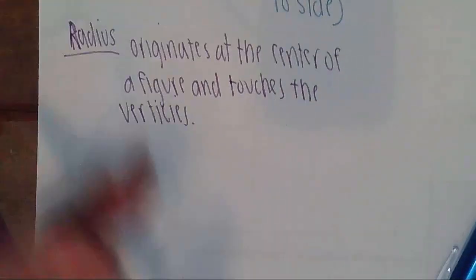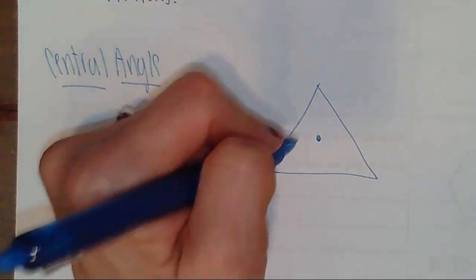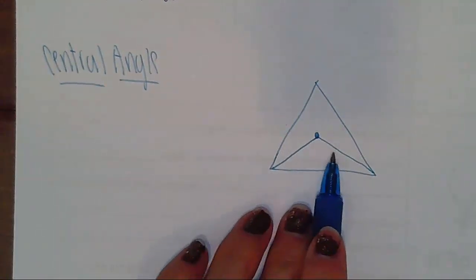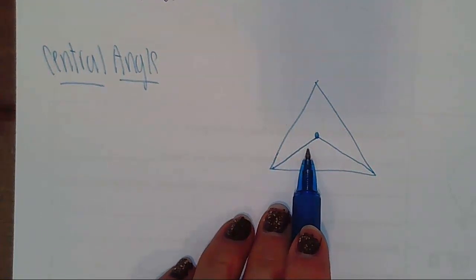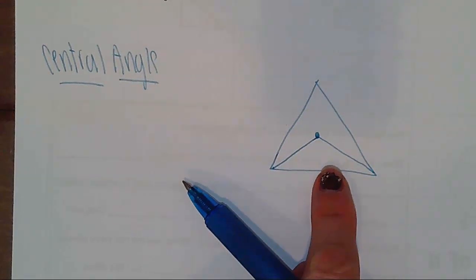And then what I'm going to describe really quick is the central angle. To find the central angle, and I'm just going to draw a basic triangle right now, you take the radius, and you have 2 radius, and you basically are creating a little triangle.